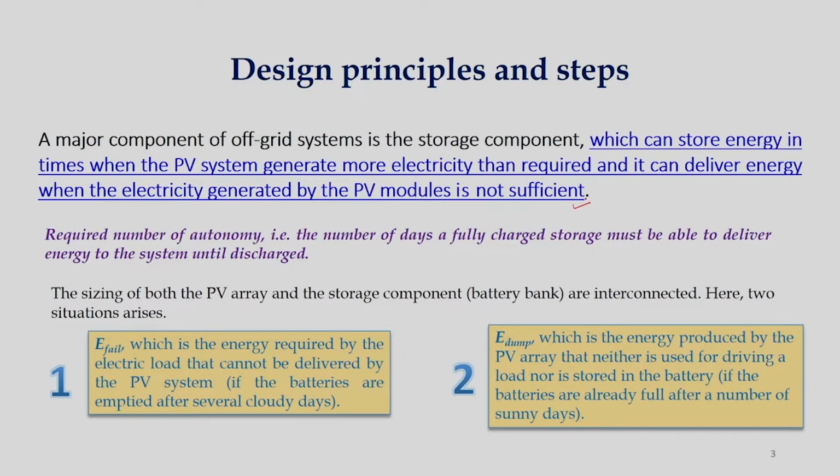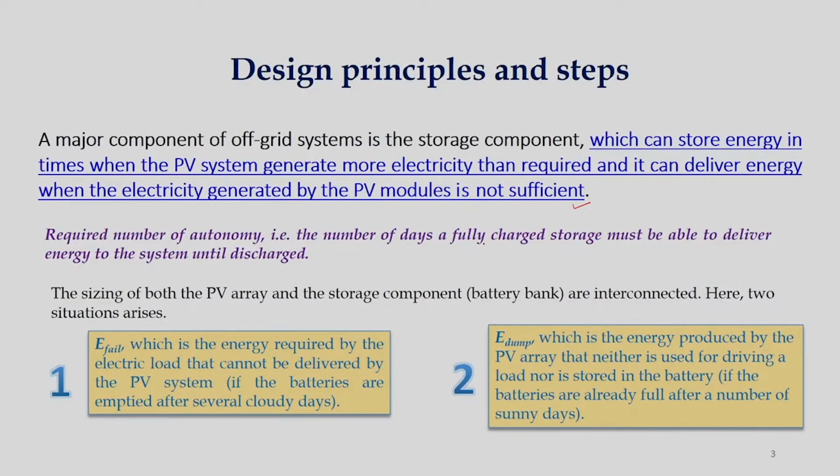So, we must know how many days we need to store that much generated energy. For that we must know the required number of days of autonomy, which means the number of days a fully charged battery or storage system must be able to deliver energy to the system until discharged.